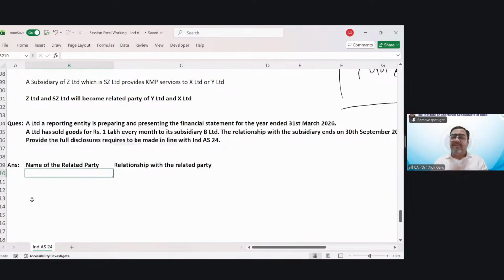What is the name of the related party in the books of A Limited? B Limited. See how I'm writing: B Limited up to 30th September 2025, subsidiary.